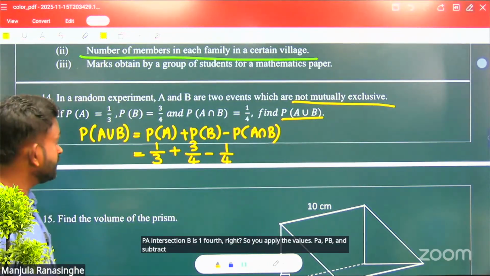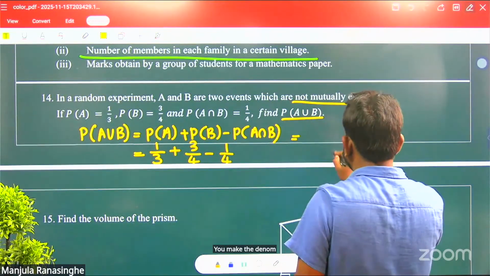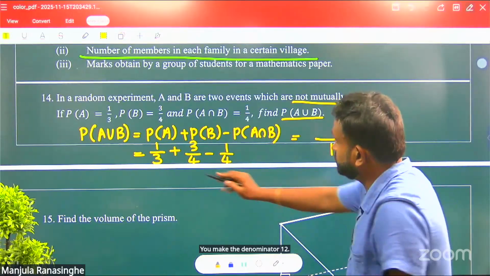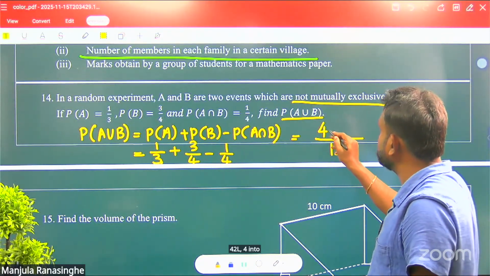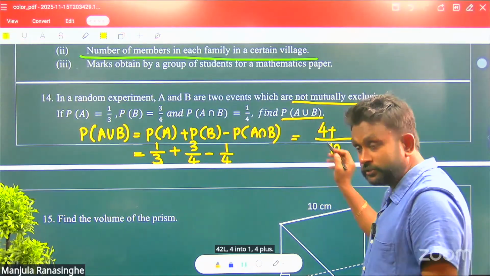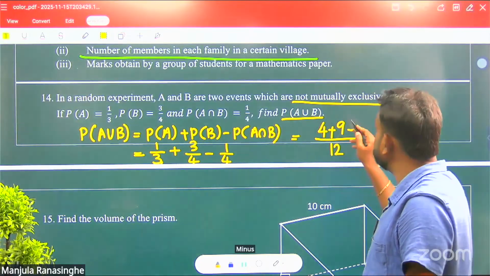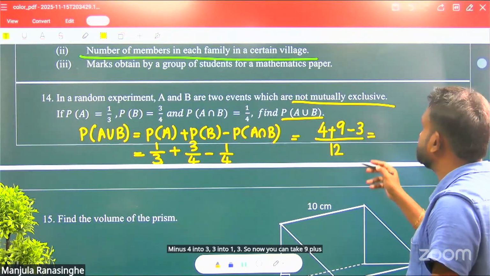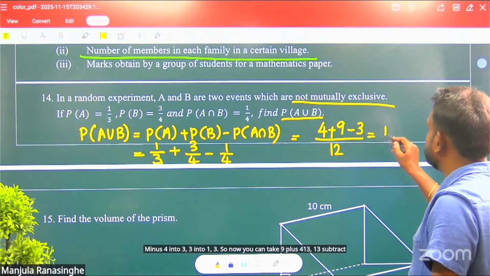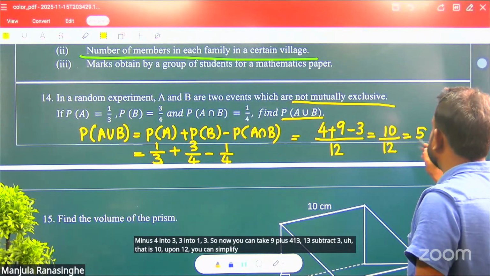Now the denominators are not the same, so make the denominator 12. 3 times 4 is 12, 4 times 1 is 4, plus 4 times 3 is 12, 3 times 3 is 9, minus 4 times 3 is 12, 3 times 1 is 3. So now you can take 4 plus 9 is 13, subtract 3, that is 10 upon 12. You can simplify to 5 over 6.